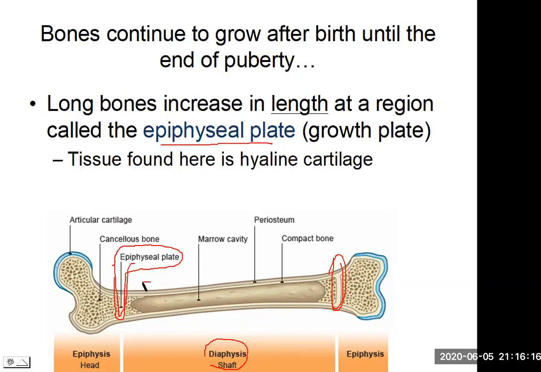So we could add bone to the diaphysis to make the diaphysis longer on this side. And we could add bone deposits on this side of the diaphysis to lengthen the bone in the opposite direction. So the bone is growing into the cartilage. The bone is ossifying the cartilage.